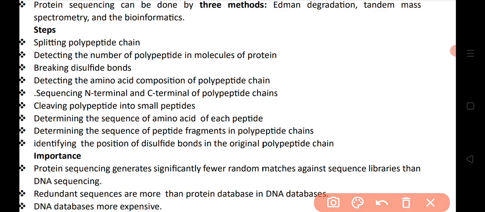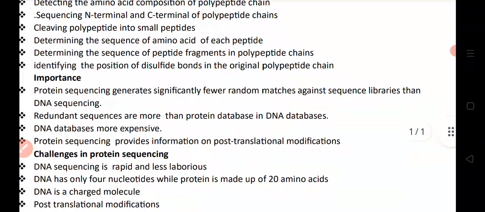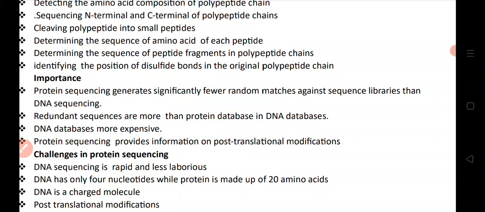The next section is why protein sequencing is done. What is the importance of protein sequencing? Protein sequencing can be done for the drug industry and for antibody testing, and some other important points are here.